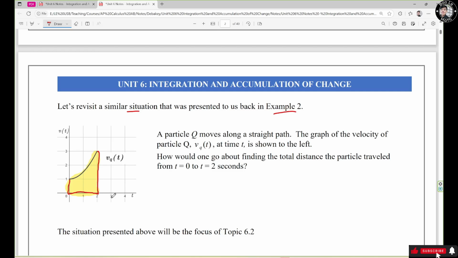We would have to use the Riemann sum, which we learn in topic 6.2, or we use the integral from 0 to 2 of f of s, which we will learn later after topic 6.2. And it's a good time to start.